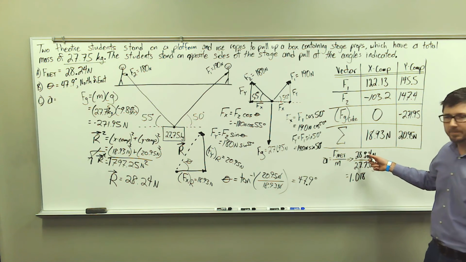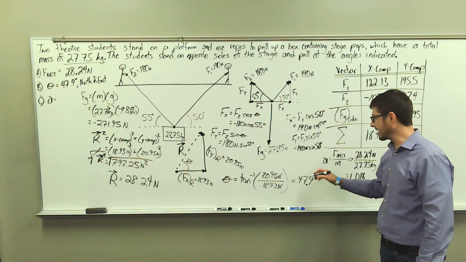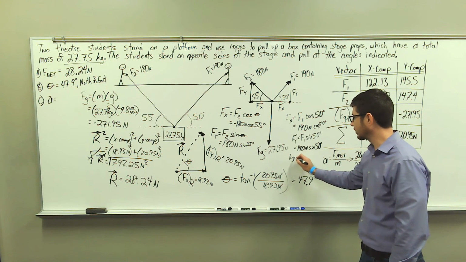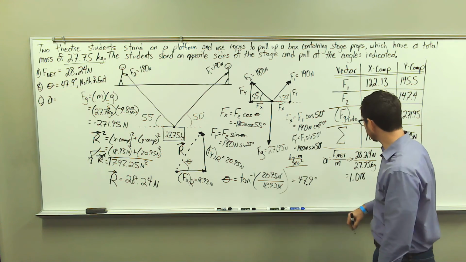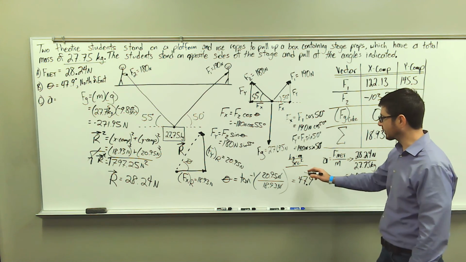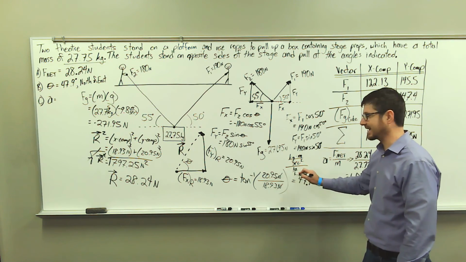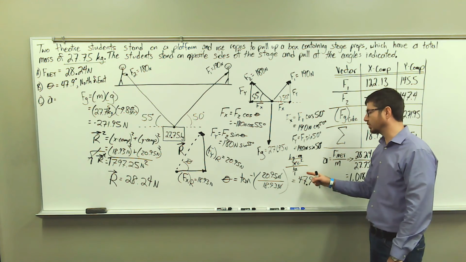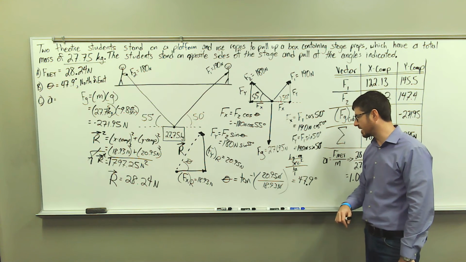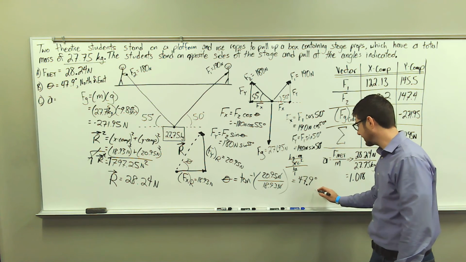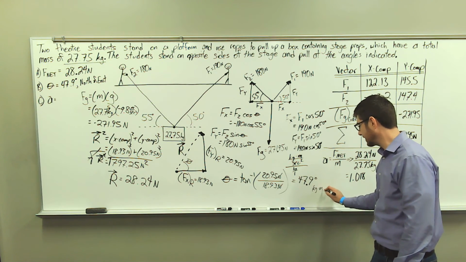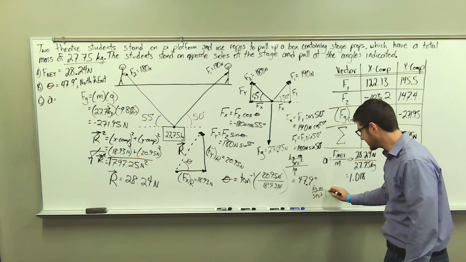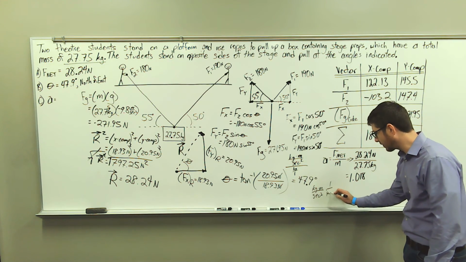Now, taking a look at our units, what I have is newtons divided by kilograms. Let's go ahead and break up a newton. We know that a newton is a kilogram meter per second squared, and then we're dividing by units of kilograms, which can be written as kilogram over 1. When we divide fractions, it's like multiplying by the inverse of the denominator. So what we have here is kilogram meter per second squared times 1 over kilogram.